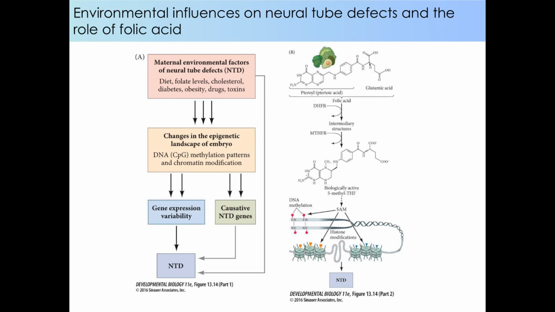It's thought that folic acid may play a role in DNA methylation or histone modification because it is used for the synthesis of S-adenosylmethionine, which is a methylation agent that is used for DNA and also for histone methylation. The epigenetic changes that are caused by folic acid deficiency then are thought to promote these neural tube defects.